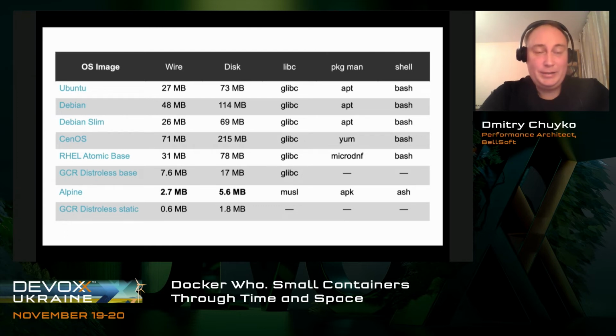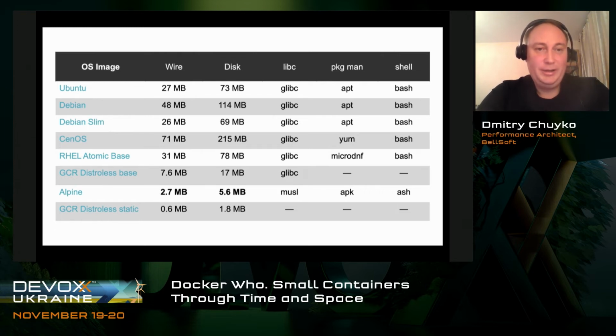And it still has a standard C library. It has a package manager, and it has a shell. You see, it's not a typical C library like most of the other examples here, and it's not a typical shell. And the package manager probably is not the one that you're very familiar with, but still it is fully functional. And by the way, it is even smaller than an image called distroless.